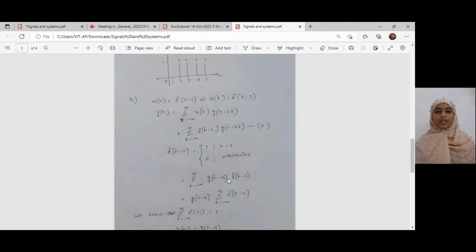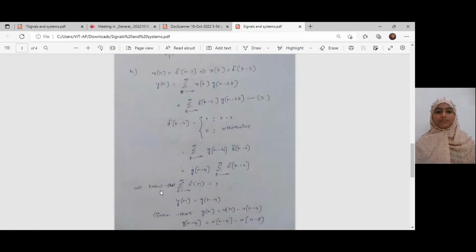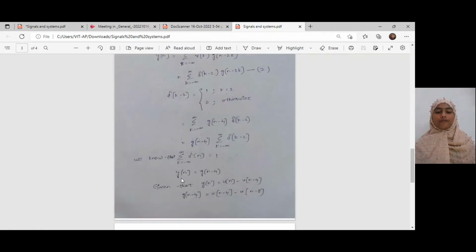Here I have substituted k equal to 2. Therefore, I got 4 here. And we know that again summation of delta becomes 1. I'm substituting 1 in this equation. So I got y of n equal to g of n minus 4.